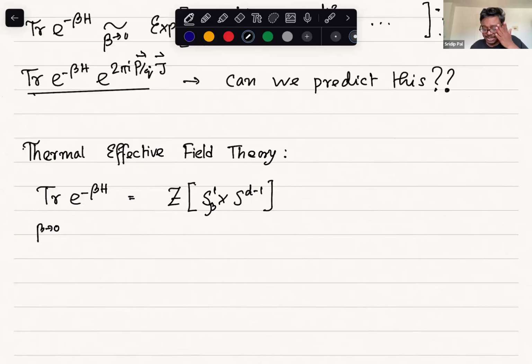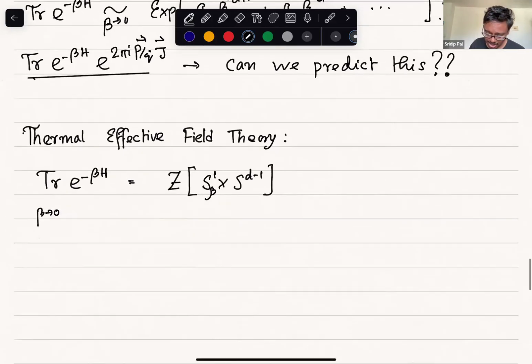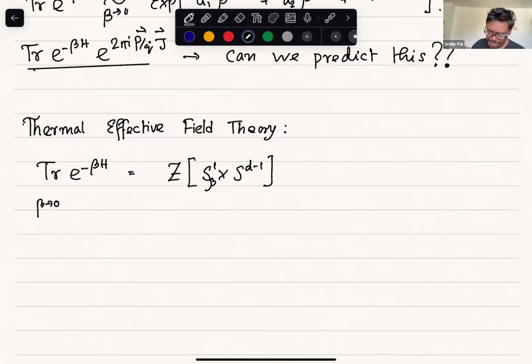So the rough idea is that we should be able to write down some effective field theory, which would be some local functionals living on S^(D-1). So I should be able to write down some action which only depends on fields that live on S^(D-1). And this will give us a natural framework to do a high temperature expansion.